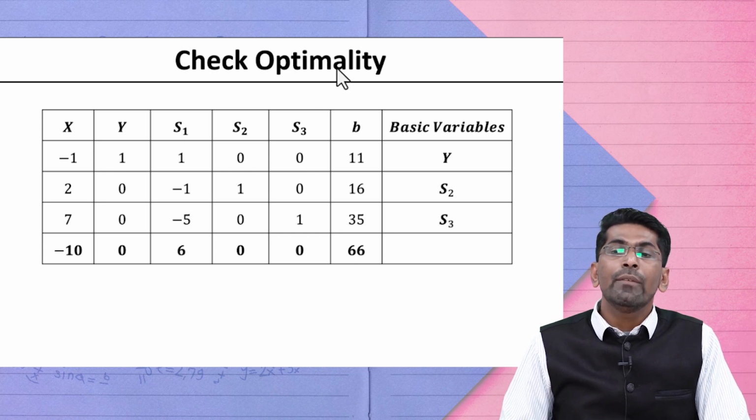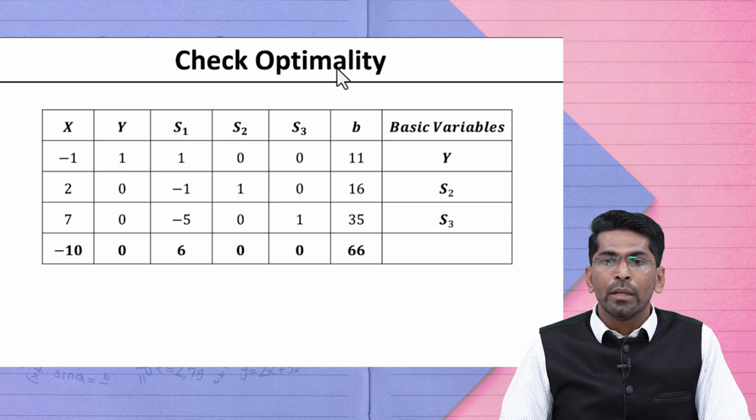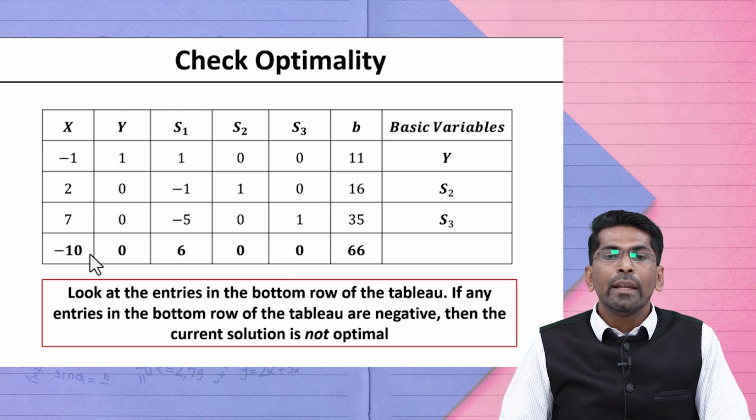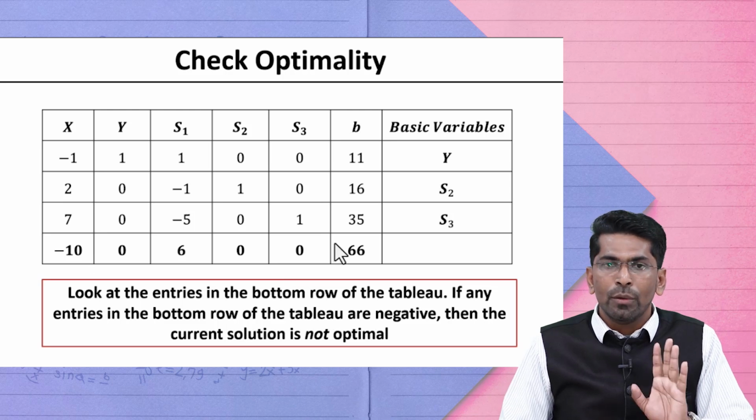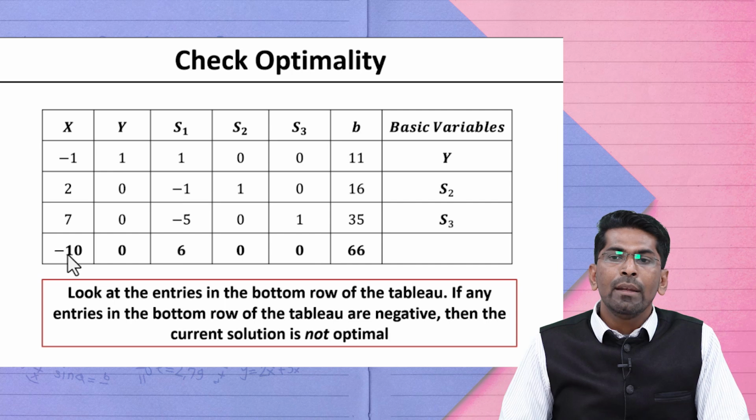To check whether the given solution is optimal or not, again we look at whether all values in the bottom row are positive or equal to 0. If all the entries are positive, then we can say that the solution is optimal. But here we have a minus 10, one negative value in the bottom row, which indicates that the solution is not optimal.